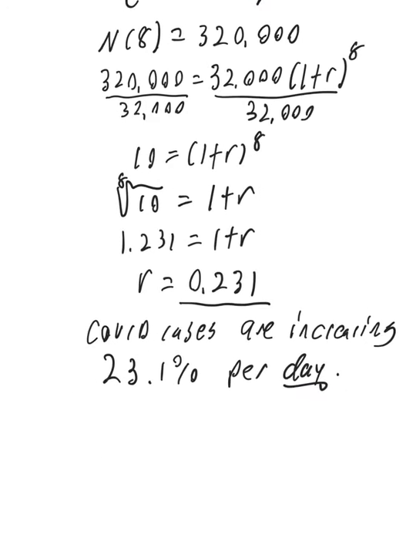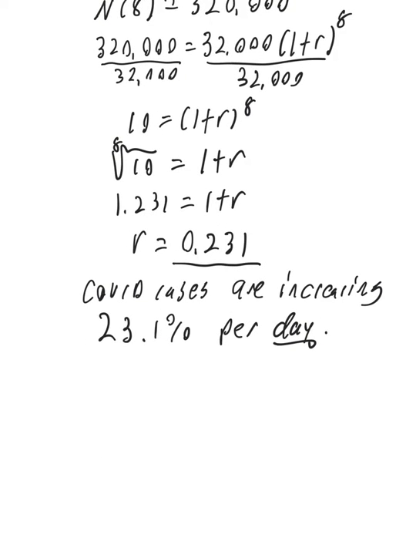So yes, this math is a little bit of an indication why we're all staying at home. Not a lot of people are sick now compared to the whole population, but if this trend continues, if we continue to have 23% per day more cases, we are going to have a great many cases before too long.